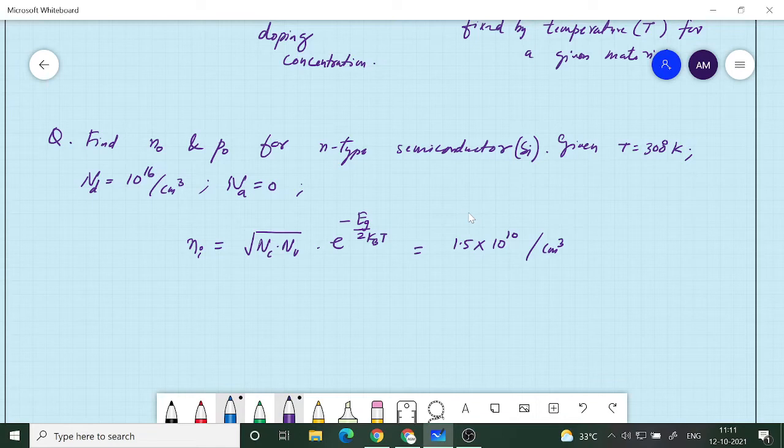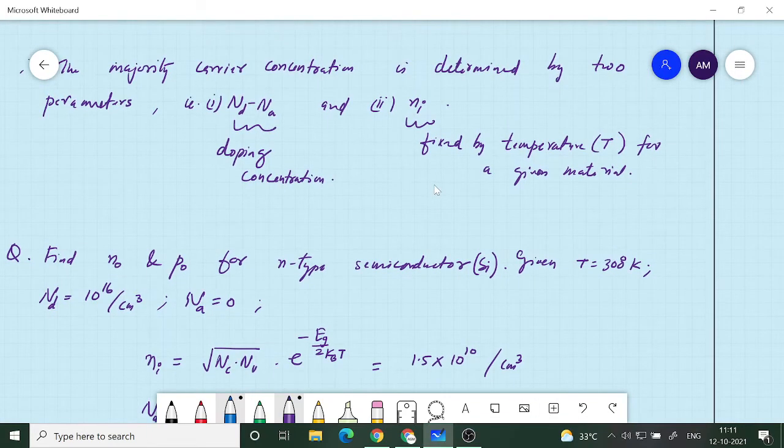Now we also have Nd minus Na, which is 10 raised to 16 per centimeter cube. So these two are the only things that determine our n0.